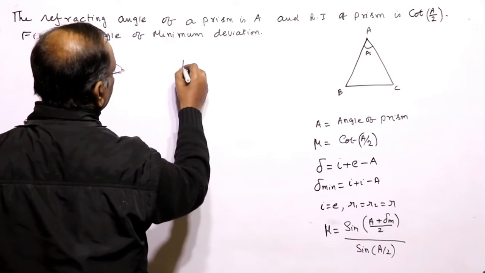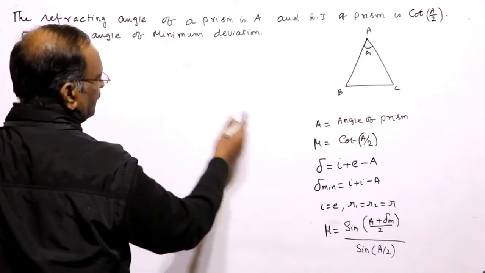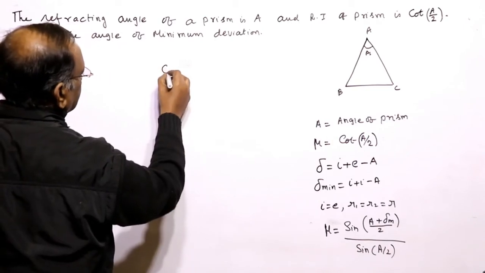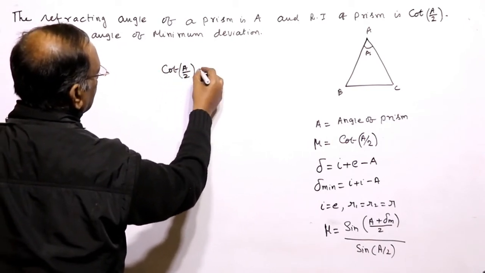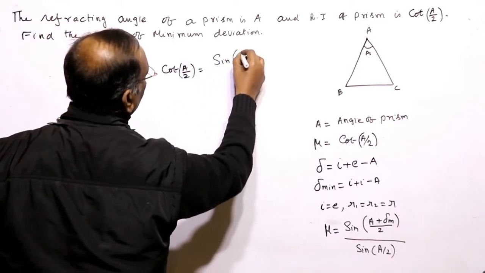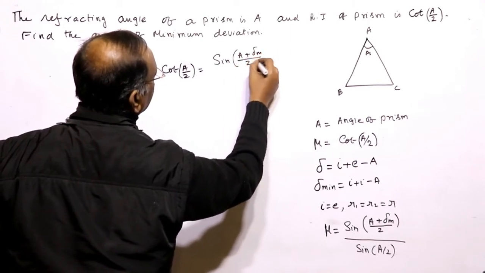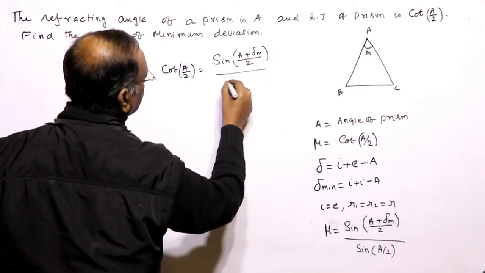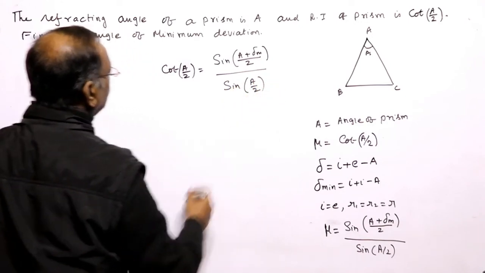Since mu is equal to cot A by 2, we can write in place of mu: cot A by 2 is equal to sine of A plus angle of minimum deviation by 2, divided by sine of A by 2.